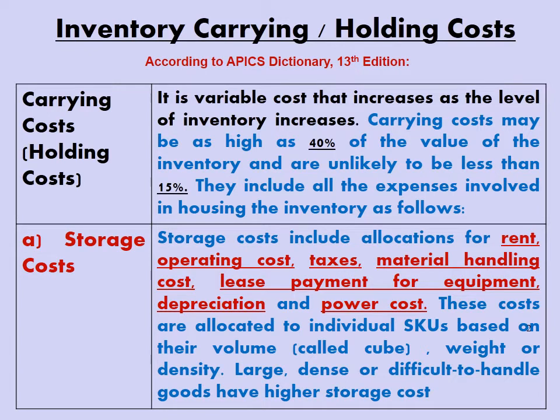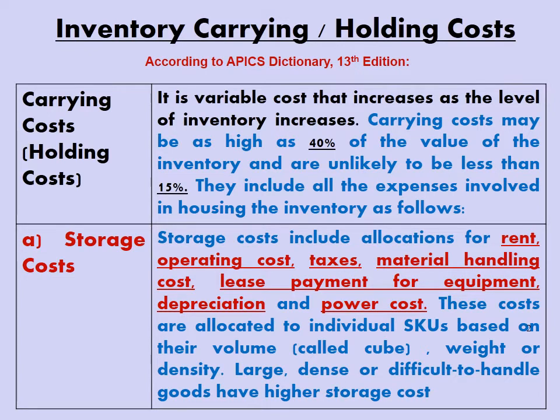Operating cost, some taxes, material handling cost, pallet movement, packaging movement, lease payment for the equipment. If you have leased different equipment like forklift trucks, some cranes, some stackers, you have to pay the lease rentals on a monthly basis. This is also included in the storage cost.